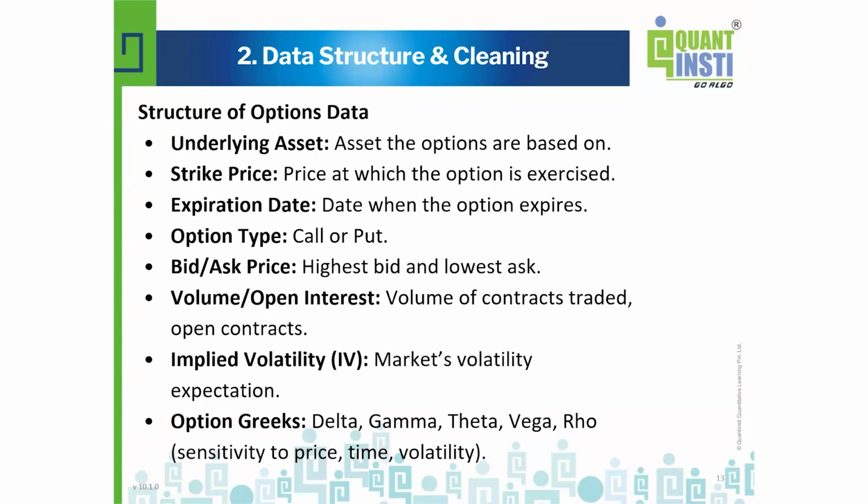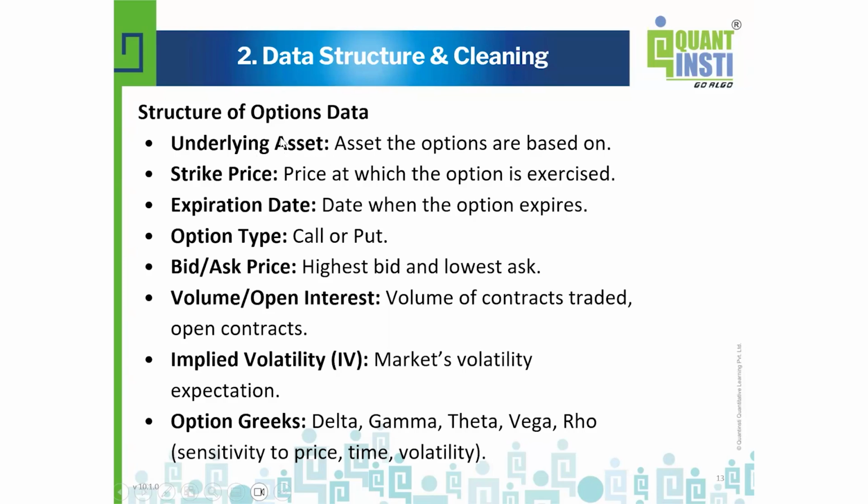So I created this slide, which is common for almost all data providers. At least this data you get from all data providers. Some data providers might give you additional data, but these are the common columns or common fields you have when you collect data from anybody. The first thing is it's going to give you underlying asset information.